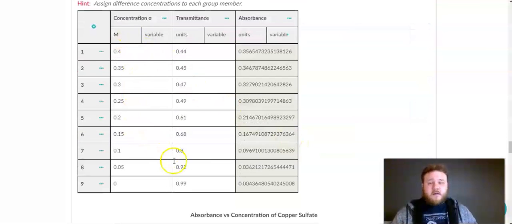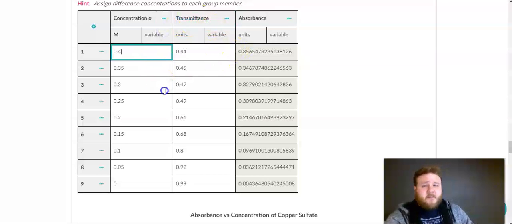So now I have to start putting my data in. I first put all the concentrations in, and look at what I typed. I put concentration of copper sulfate right there. For my units, I put M for molarity, capital M. For transmittance, note how I typed transmittance and not percent transmittance.